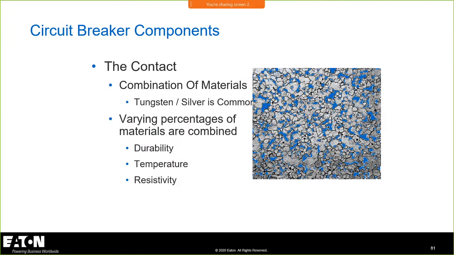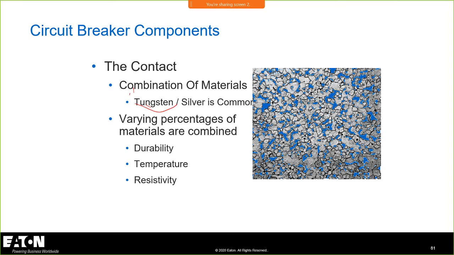I went to one of our engineers on breakers, and I said, I'm trying to put a PowerPoint presentation together, teach people about breaker basics. Can you tell me what are the materials we use on the contacts? And he says, what voltage? What amperage? Which breaker? What style? They're all over the place. So we combine tungsten and silver.